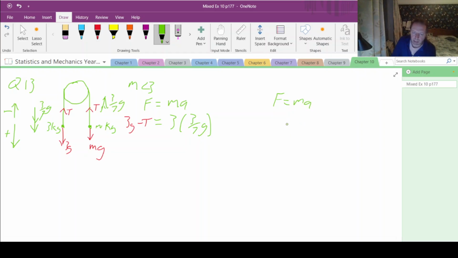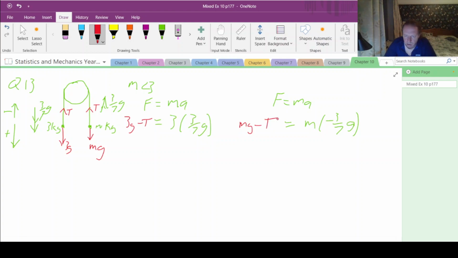F equals ma equals mass, which is m, and the acceleration is minus 3/7 g. Again, being careful of those plus minus signs as normal. So what do we have here? We've got mg for forces in the positive, taking away the tension.